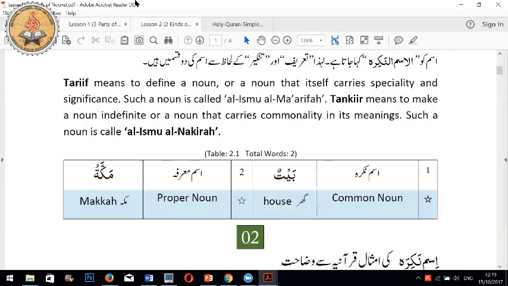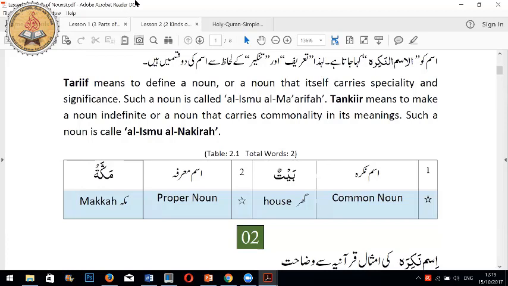And the second example given is Makkah. Now Makkah, in the whole world, is only one place, the birthplace of Islam, the birthplace of Holy Prophet Muhammad sallallahu alaihi wasallam. So this is a proper noun.